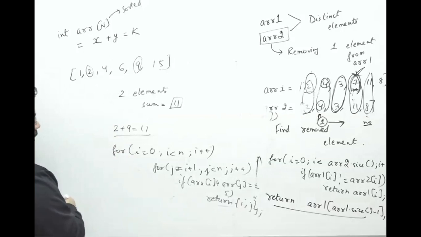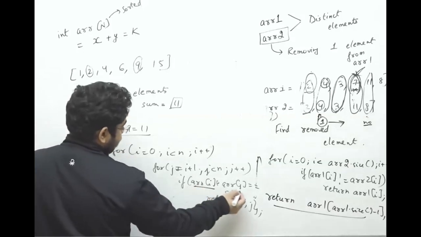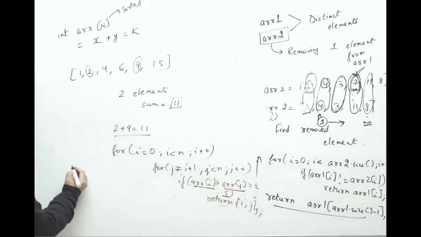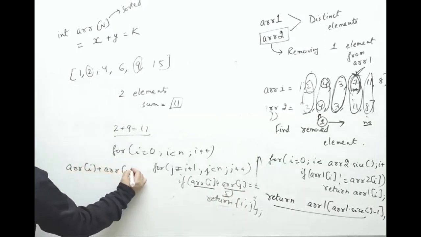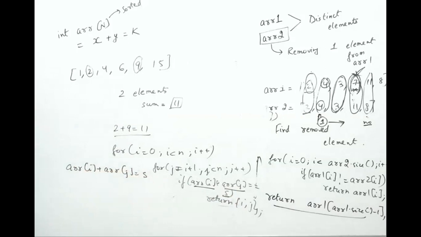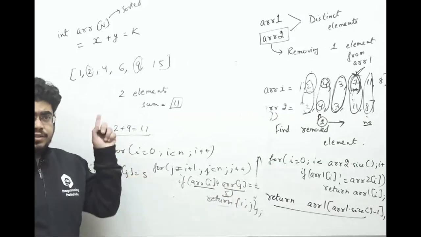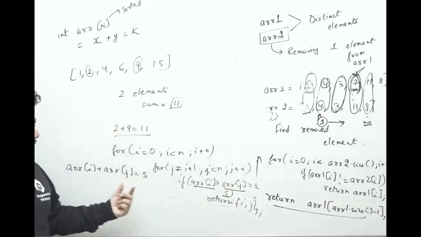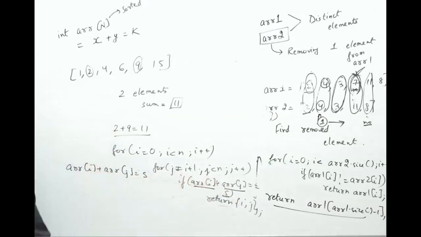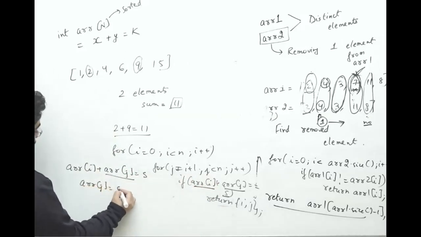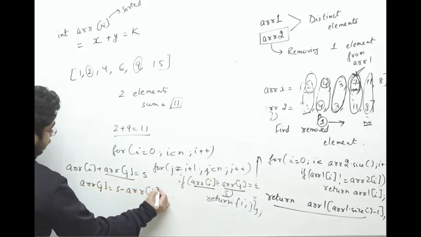Let's look at what we are doing here. I'm finding this j such that array i plus array j is s, and it's a sorted array. So why am I linear searching on it? Let's look carefully. The element that I want to find is nothing but s minus array i.